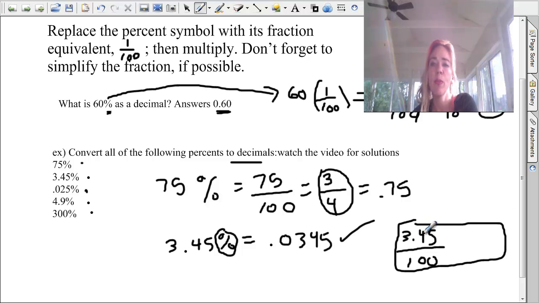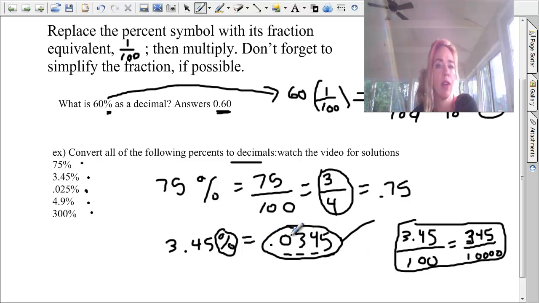If I say 3.45 out of 100, it's awkward to have a decimal in the numerator of your fraction, so I'll multiply top and bottom by 100. Well, that's equivalent to 345 out of 10,000. So even if I think about it that way, I'm still going to arrive at the same value, 345 10,000ths. So tenths, hundredths, thousandths, 10,000ths, see? So either way, I'm still arriving at 0.0345.